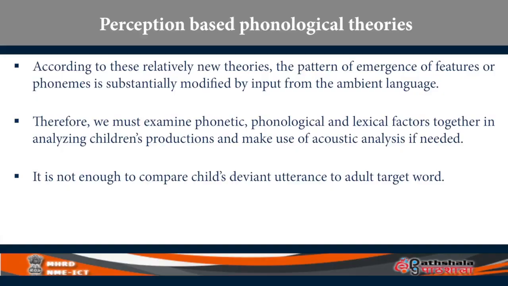According to these relatively new theories, the pattern of emergence of features or phonemes is modified by the input from the environment. What is it that the child is exposed to? What kind of sounds and what kind of words and how much is being spoken to the child? Therefore, we must examine phonetic, phonological and lexical factors together.